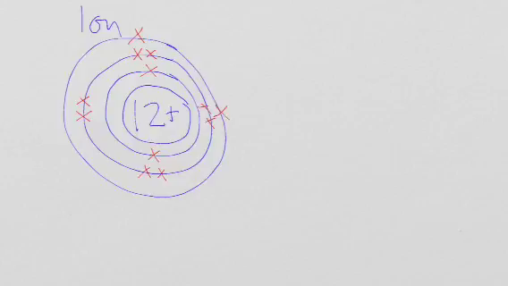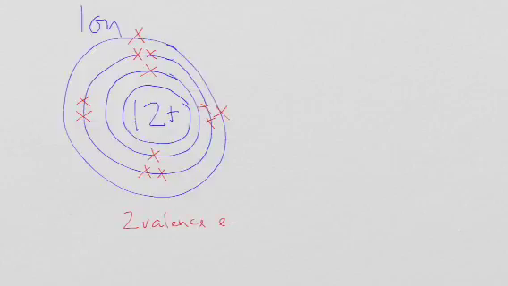Whatever number that atom is supposed to have, whatever its atomic number, that is always the number of pluses it's going to have. Now, if I look at magnesium, how many valence electrons does magnesium have? It has 2 valence electrons.